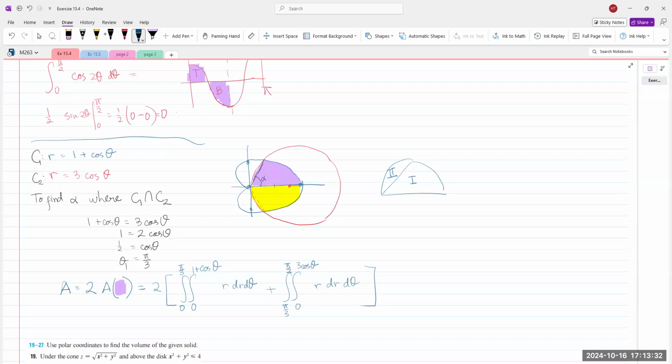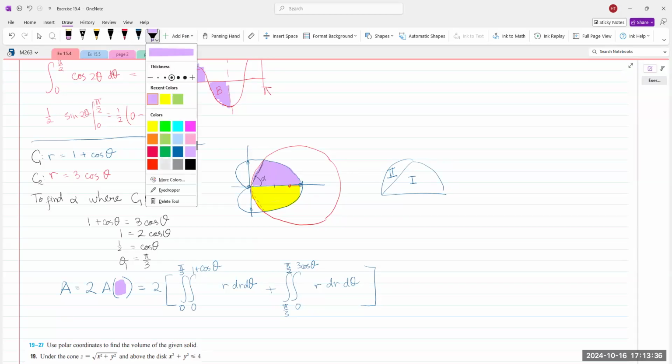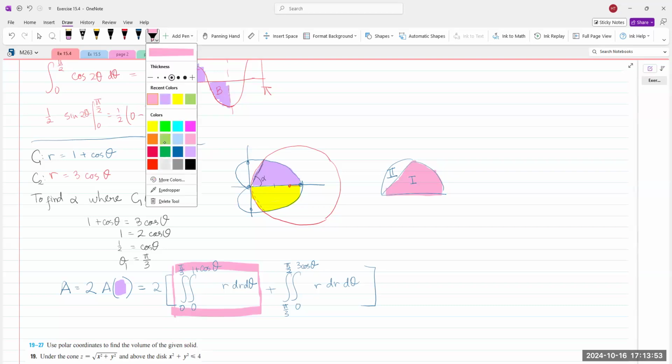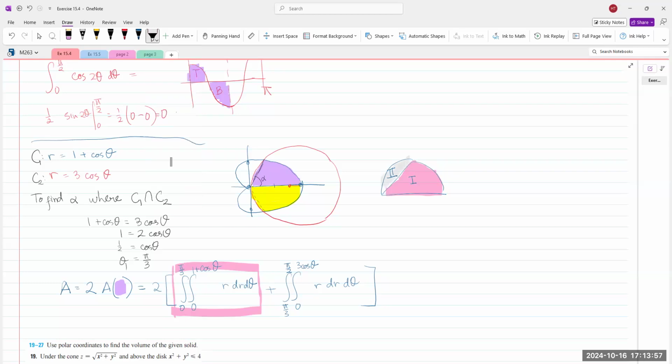So this one here is the first part, and this is the second part.